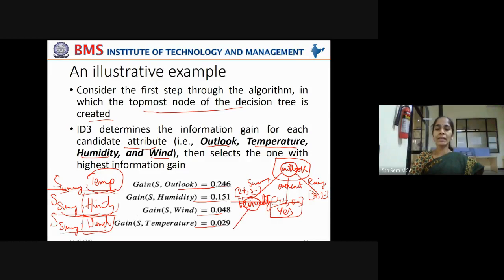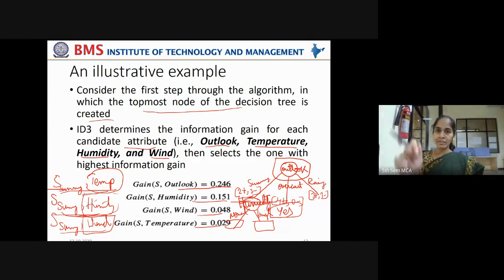Now, when the humidity is normal, what is the classification given? When the humidity is high, what is the classification given? When these two give pure classification, it means all of them are positive training examples, or all of them are negative training examples. That is the end of that particular subtree.